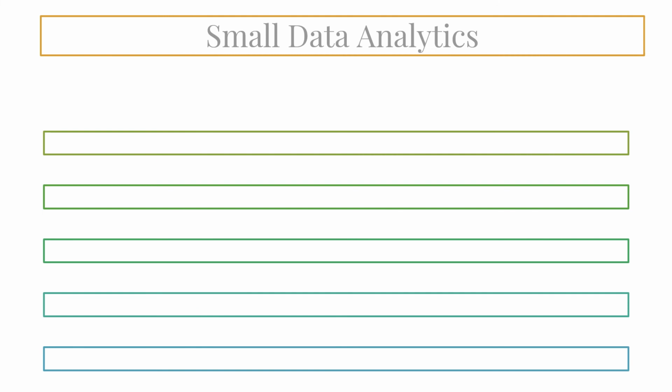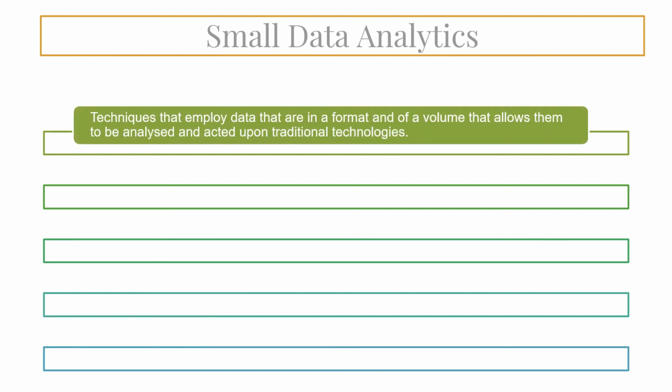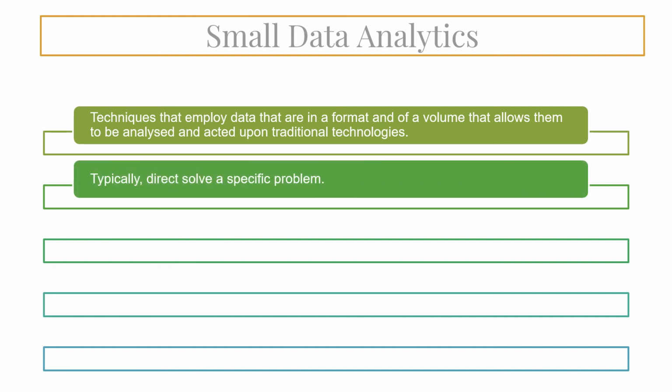First, we should understand what small data analytics is. Small data analytics is the techniques that are employed on data that are in a format and of a volume that allow the techniques to be analyzed and acted upon using traditional technologies.